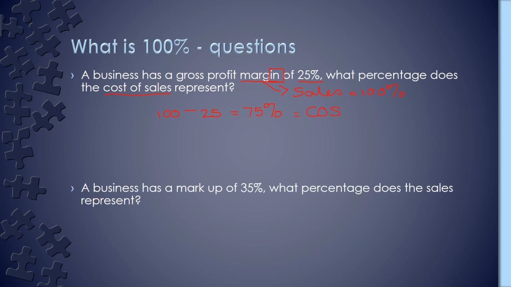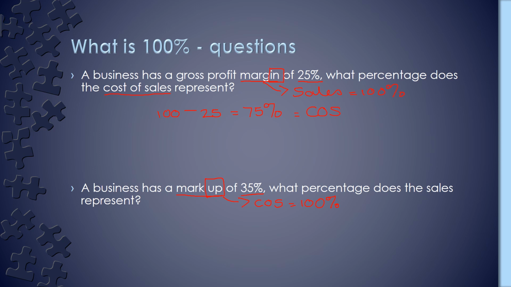So likewise, on the opposite side of this, we've got a business that has a markup of 35%. So what percentage does the sales represent? So the markup, remember, we're looking at up here, so we're going up to the sales price, means that cost of sales equals 100%.